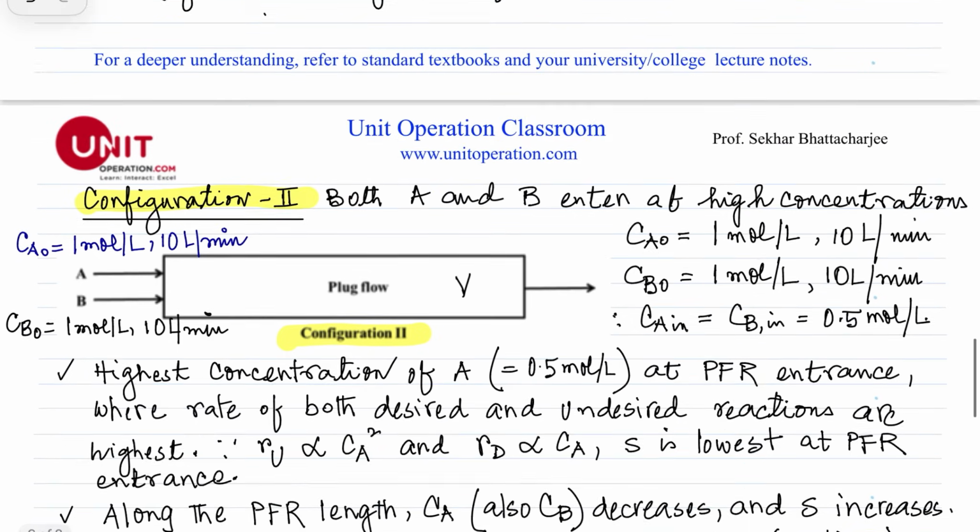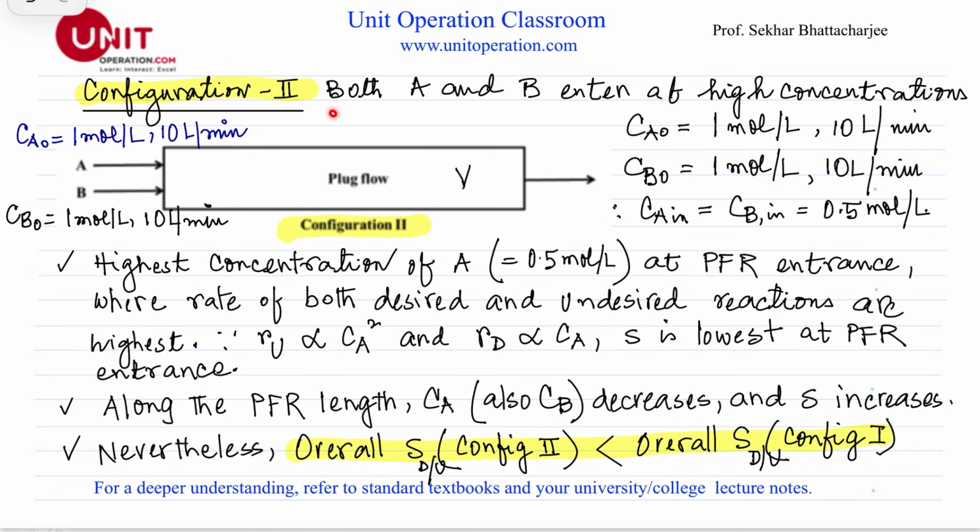Let's look at configuration 2. Here both A and B enter at high concentration. So CA0 is 10 liters per minute at 1 mole per liter, and CB0 is 10 liters per minute at 1 mole per liter. So effectively CA in and CB in are 0.5 mole per liter.